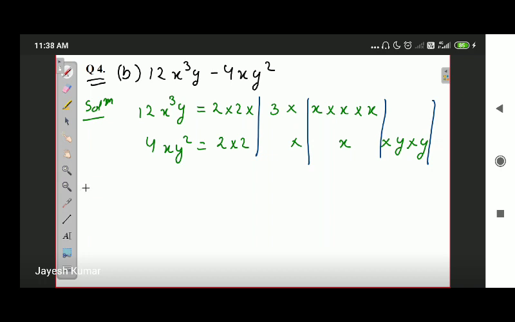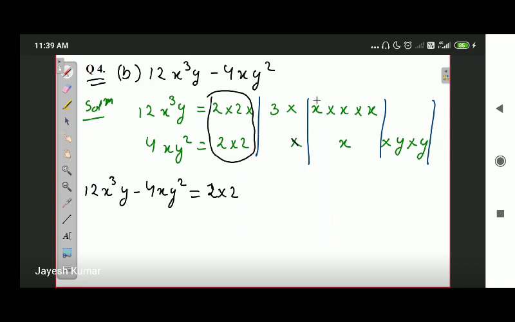Now let's write down 12x cube y minus 4xy square. This was our original expression, and we are going to take as much common as possible. So there are 2 2's in both the expressions. So this is 4. I will write 2 into 2. There is no 3 in second expansion, so no 3.